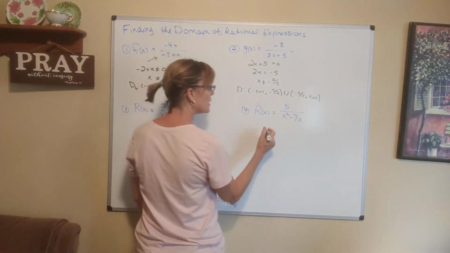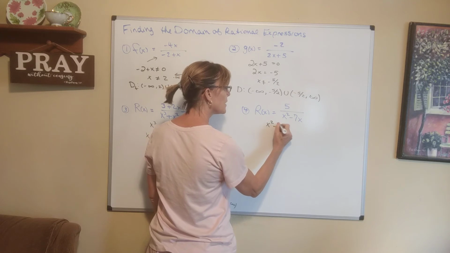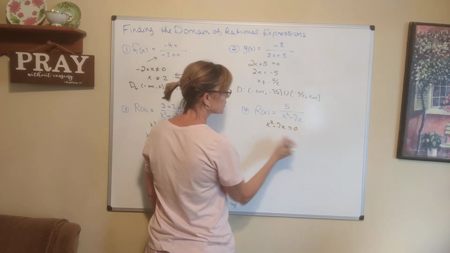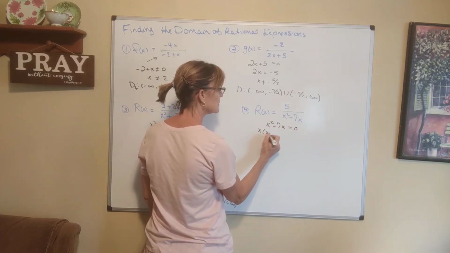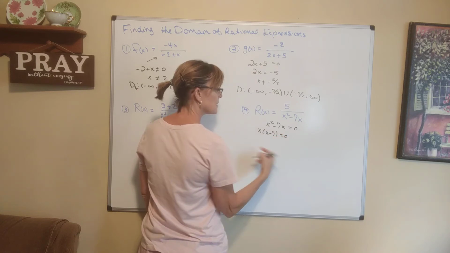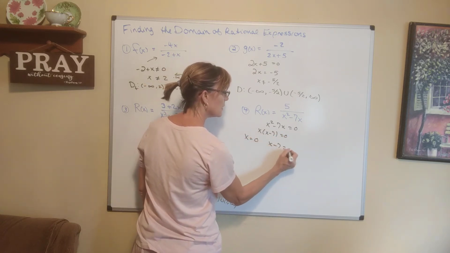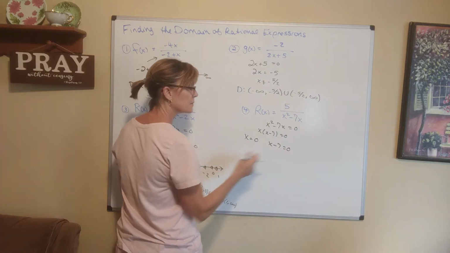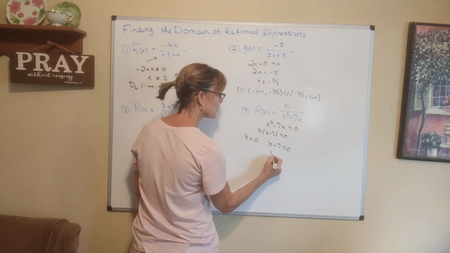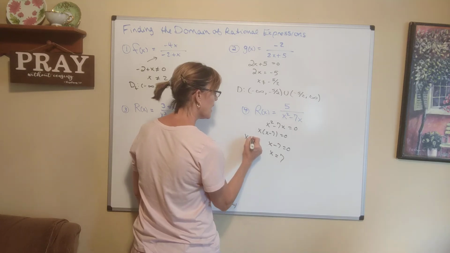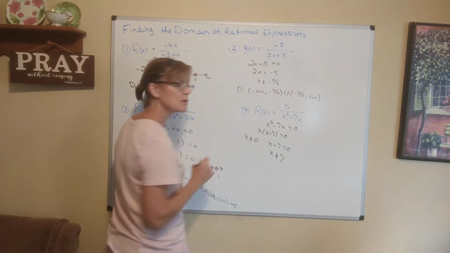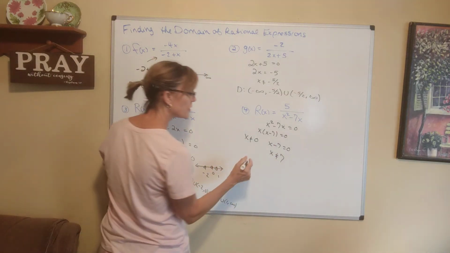Right here, the denominator is x squared minus 7x. When would it equal 0? Factor out an x. Set each one equal to 0. This is true when either x is 0 or x minus 7 is 0. So x is equal to 0 or x is equal to 7. As long as x does not equal those 2 values, we're in good shape for the domain.